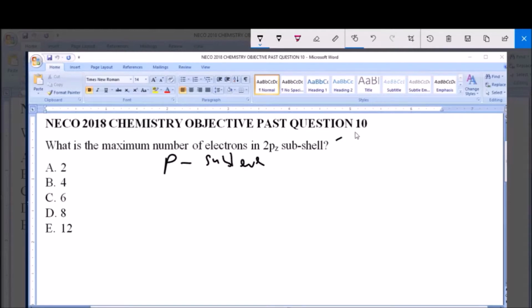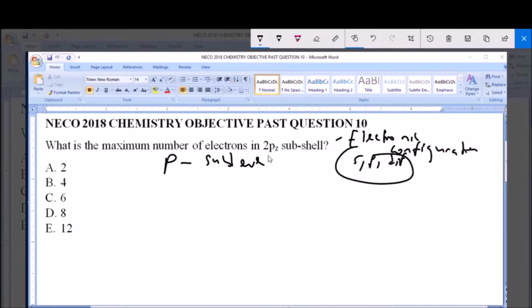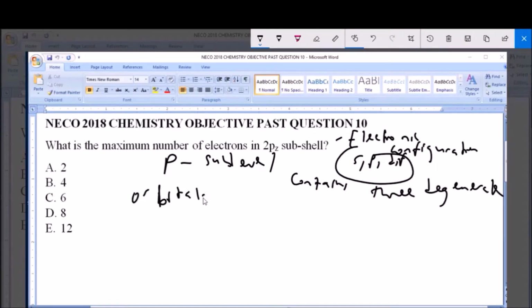when you are talking about electronic configuration, using the SPDF levels. So the P sublevel contains what is known as three degenerate orbitals, and those three degenerate orbitals are the px, the py, and the pz.